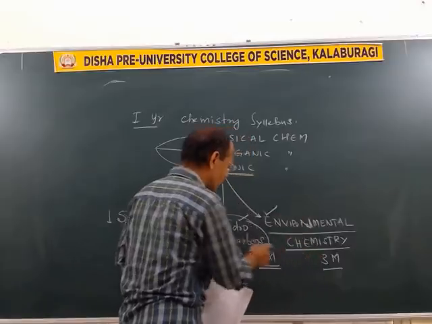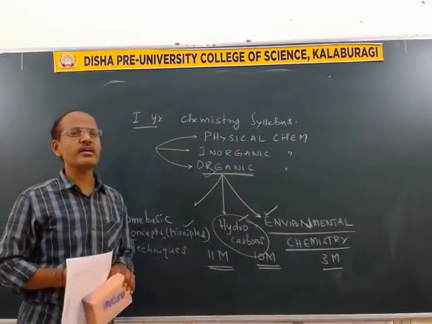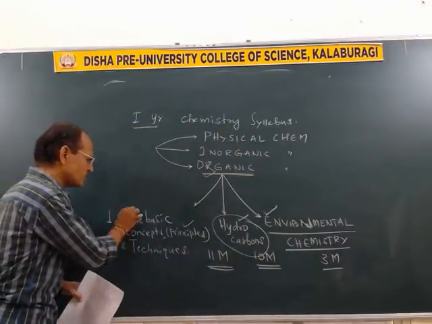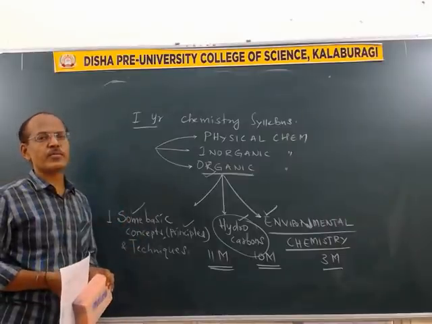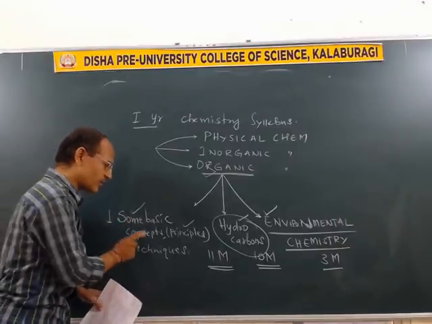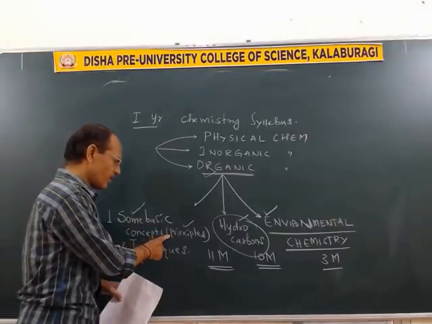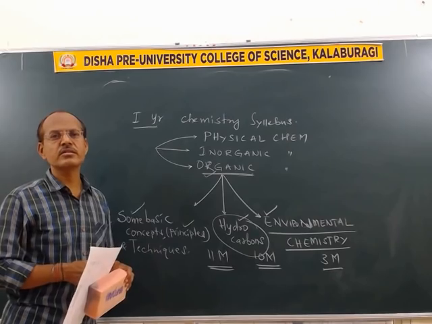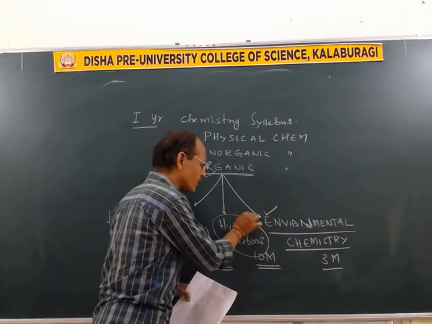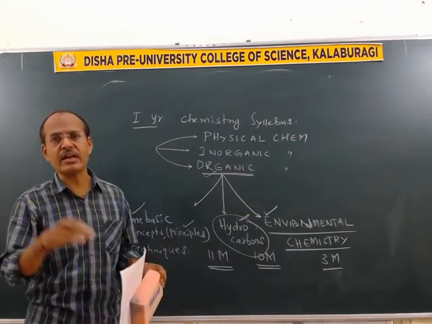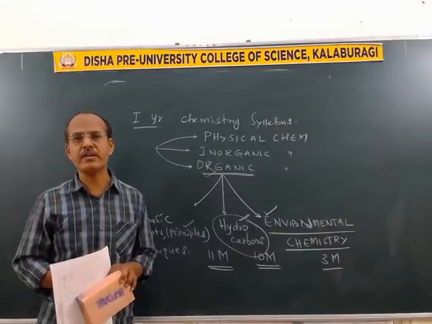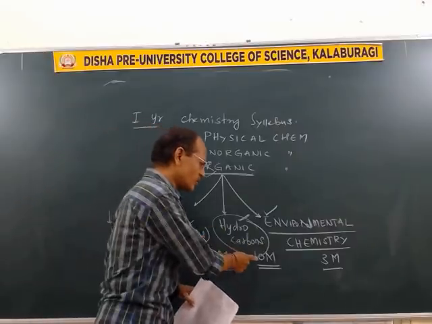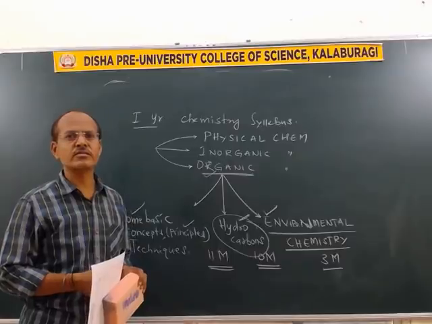So this is about the total organic chemistry. First one, some basic concepts or principles and also techniques of organic chemistry that carries 11 marks, is a big topic. Then comes hydrocarbons, both aliphatic and aromatic hydrocarbons were explained, and that carries about 10 marks.